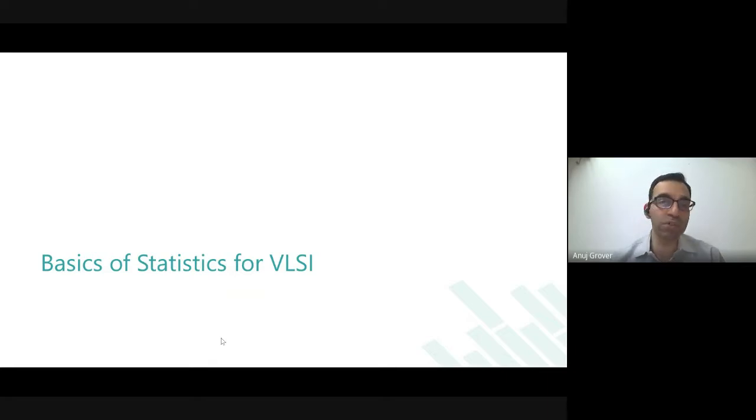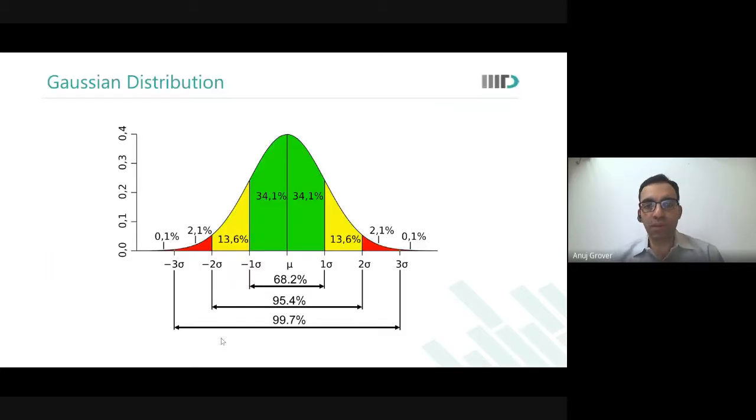I do not want to enter into the mathematical derivations, but to give you an intuitive hang of what we're talking about. Is that okay? This is what a Gaussian distribution looks like. All of you have seen this kind of distribution?